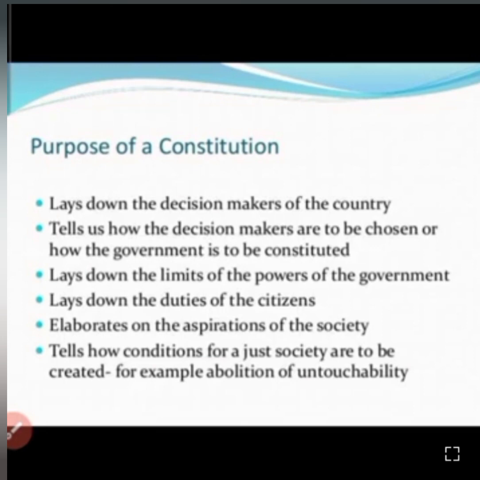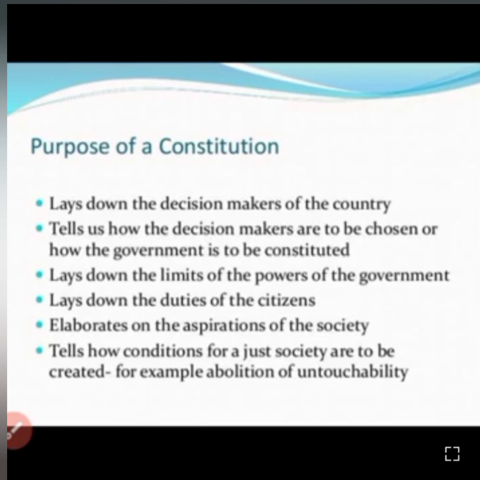Not only that, it also delimits the scope and the activities of various organs of the government. The Constitution, children, also helps us to understand the political system of our country. So these are several reasons for which we need the Constitution.